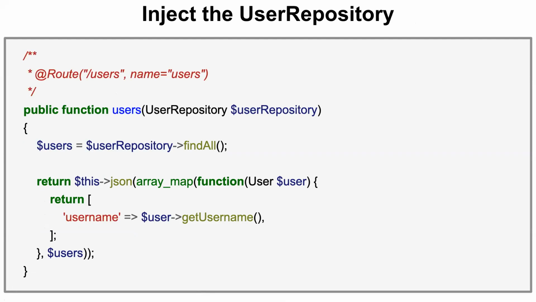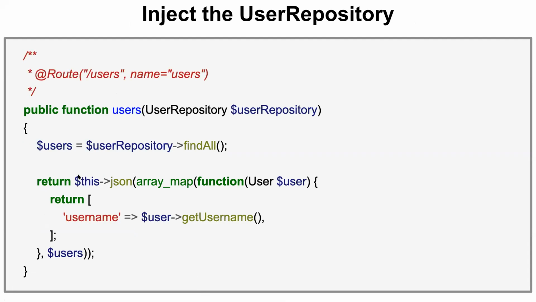So let's use the user repository and rewrite one of those actions that we had before, where we were injecting the connection and running a SQL query manually to return all of the user data as arrays. In this case, we're going to inject the user repository instead, and call the findAll method on the repository.